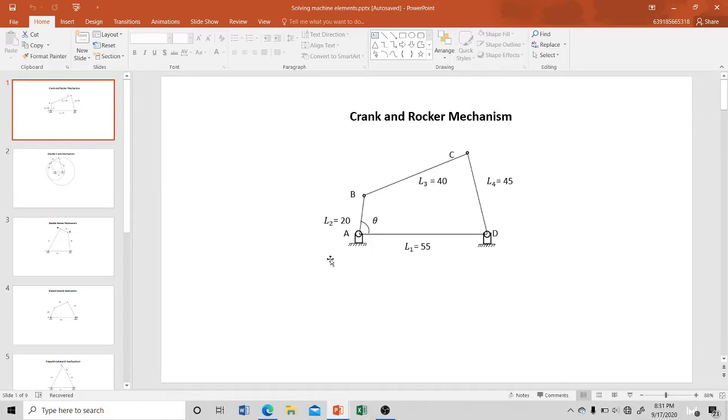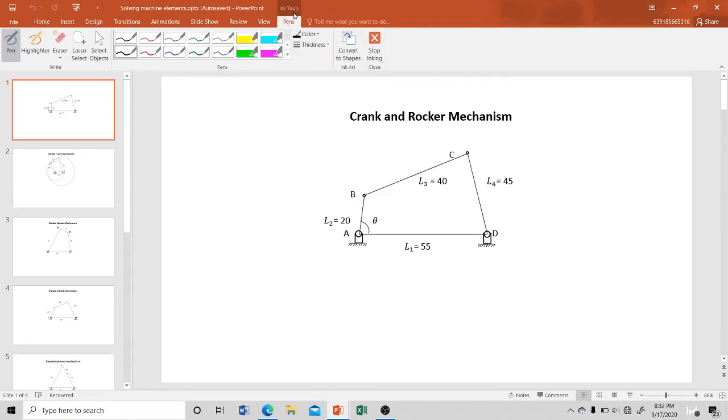So let us inspect whether these dimensions make this crank and rocker mechanism capable of full rotations.